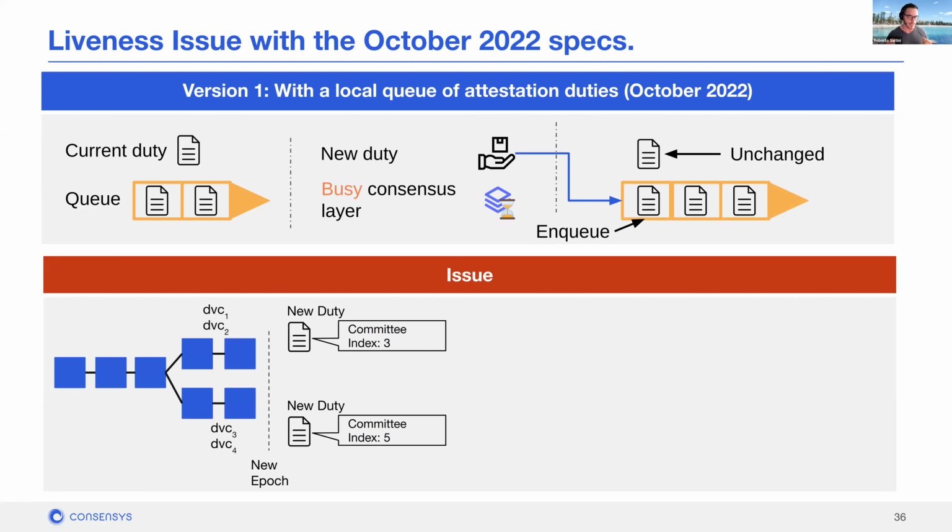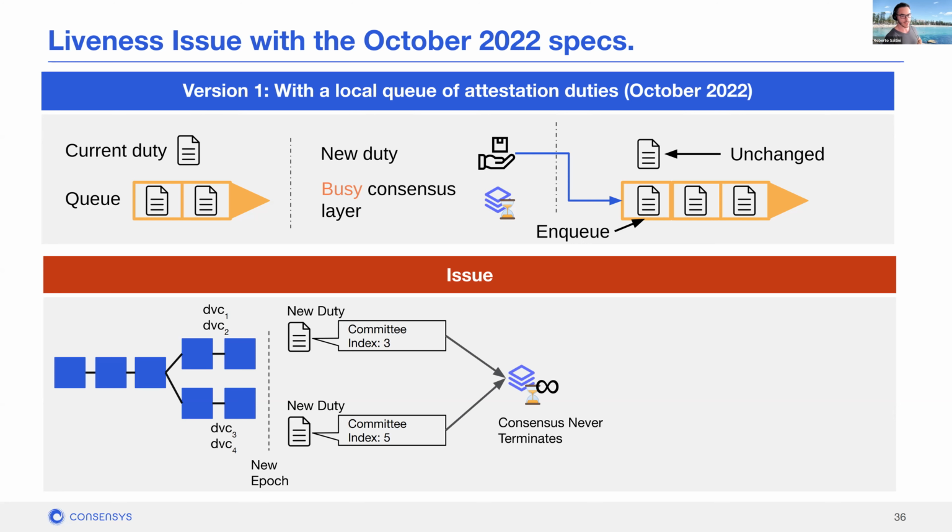The value of the commit index is something that is checked by the validation performed at the consensus layer, which means you end up in a situation where the consensus never terminates. And because we are using a queue, waiting for the consensus to terminate before acting upon a new duty, basically no new attestation will ever be produced.